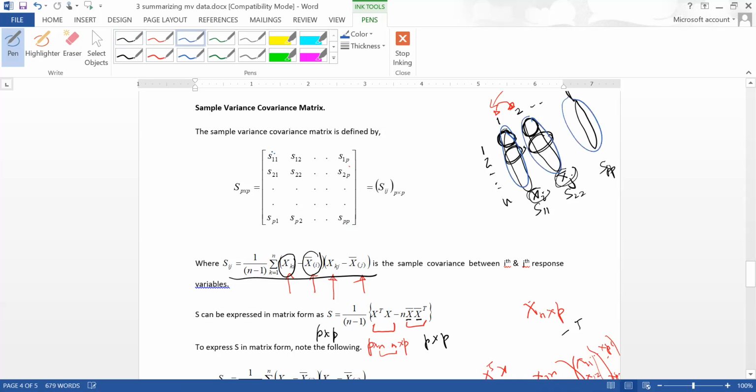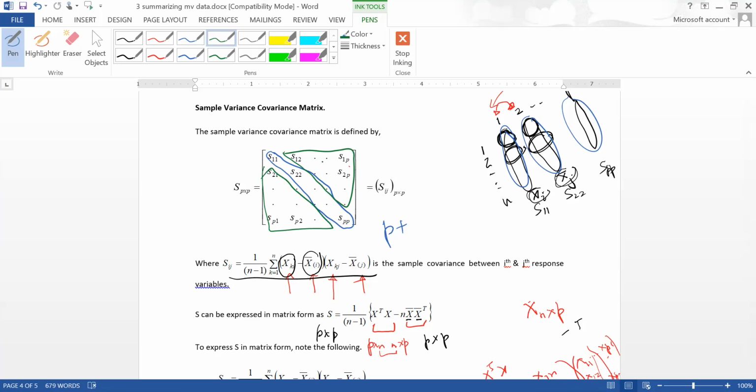So there are P such values along the diagonal. That's why I wrote P plus. Then I need the number of off-diagonal elements, right? Off-diagonal elements means this part. That equals the lower triangle also, so I just need the upper triangle values.